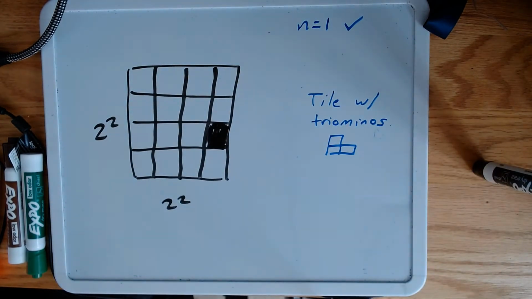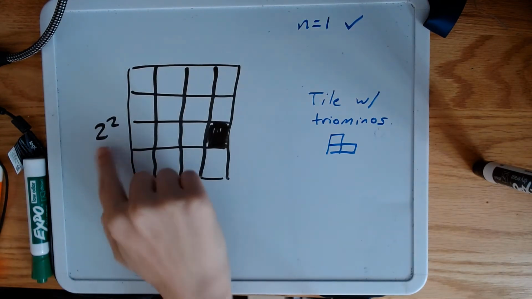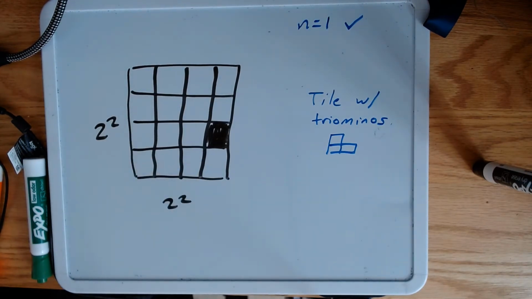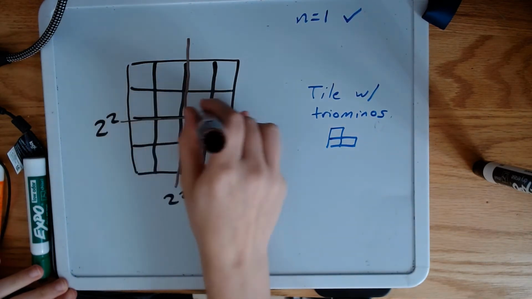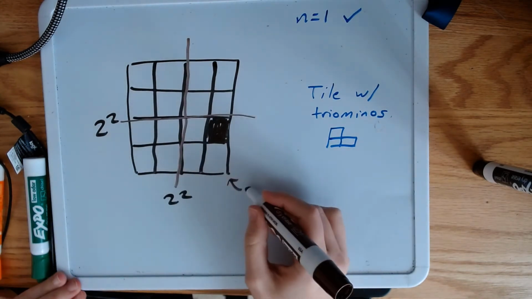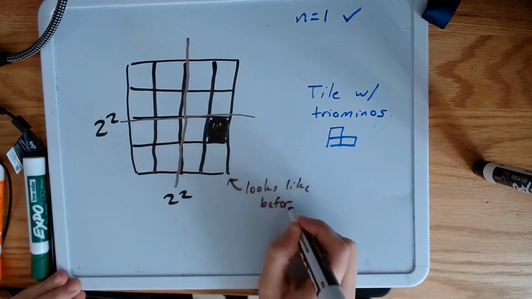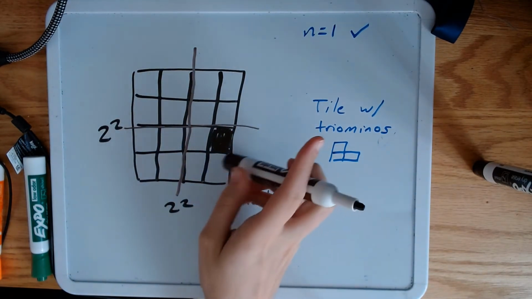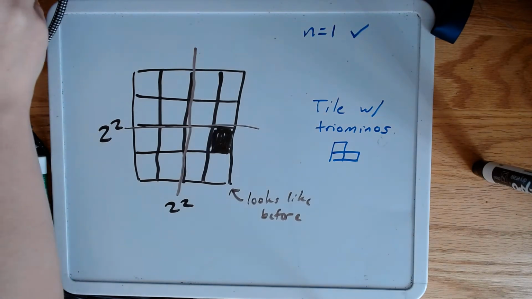So what we're going to do is split this 2 to the 2 by 2 to the 2 square up into 4 2 to the 1 by 2 to the 1 squares. Okay, so this looks like before, right? It's a 2 to the 1 by 2 to the 1 square with one missing piece. But the others all have 4 pieces, so what do we do with them?